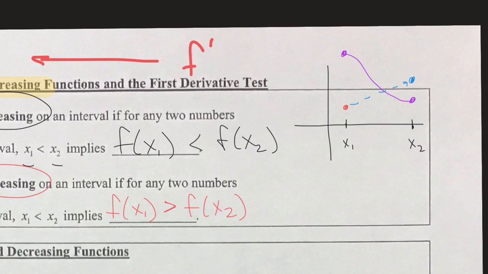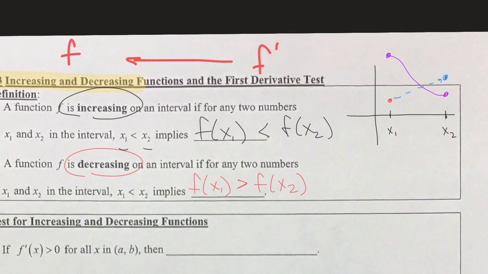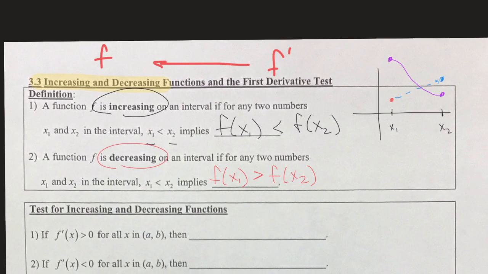Our y values are getting smaller. So this is how we formally write that we have an increasing or a decreasing function. It's talking about the y values. If the y value in the first is less than the second one, then we have an increasing function, and vice versa.